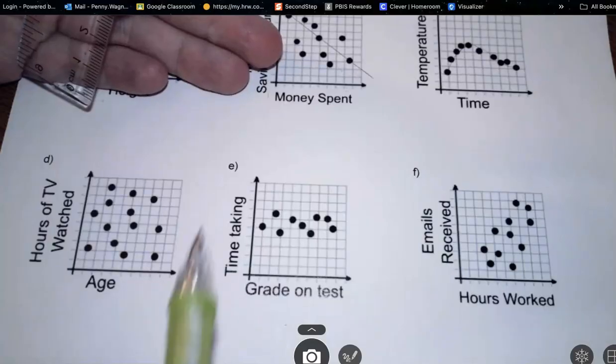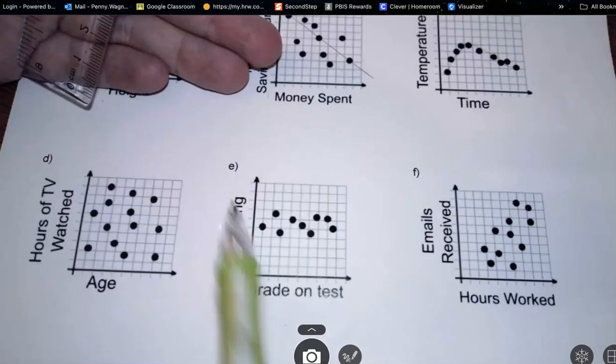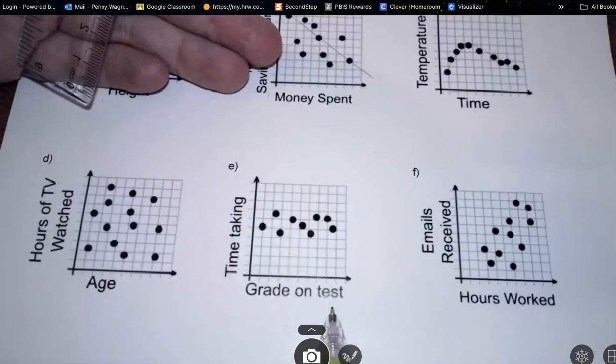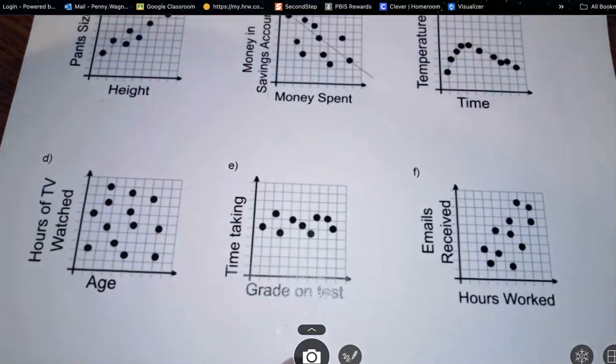If I look at E, time taking the test is on the Y, and the grade on the test is my X. If the more time that I took, did my grade on my test improve? You can take a look at that. I would say that this is neither positive nor negative.